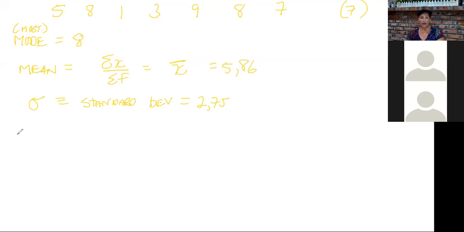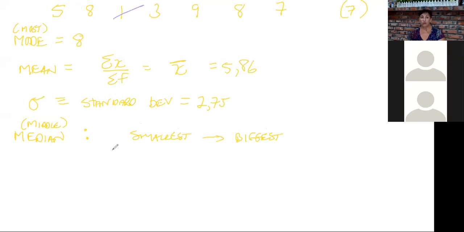Then what we want to look at is the median. The median is the middle value, but for the median, you need to rearrange from smallest to biggest. Okay, so rearrange smallest to biggest. Right, so what we're going to do is rewrite these values, but in increasing order.